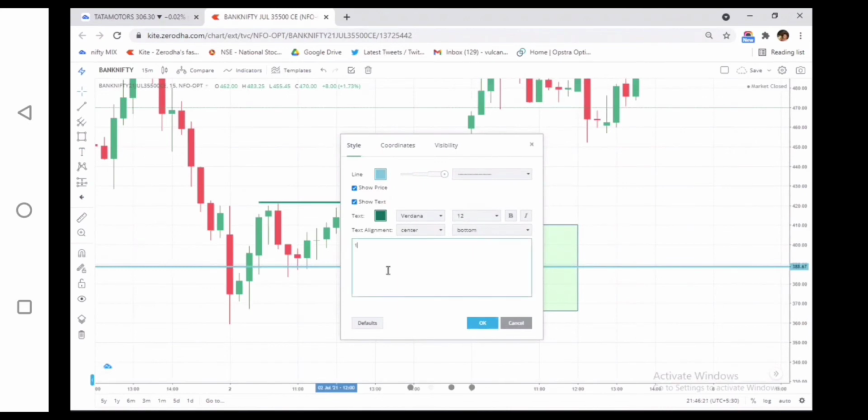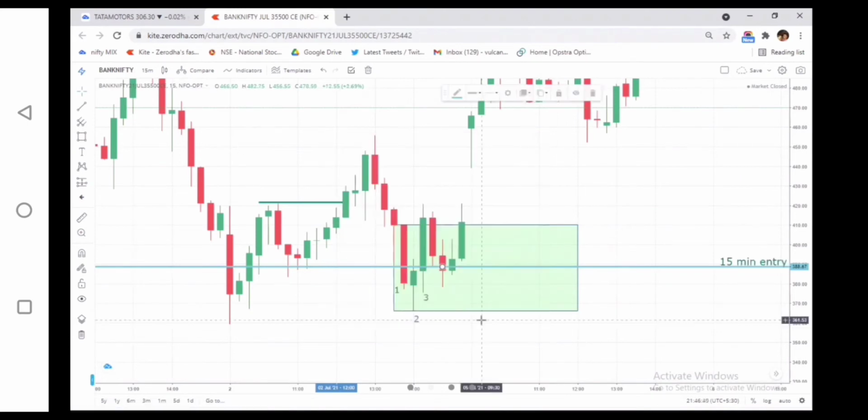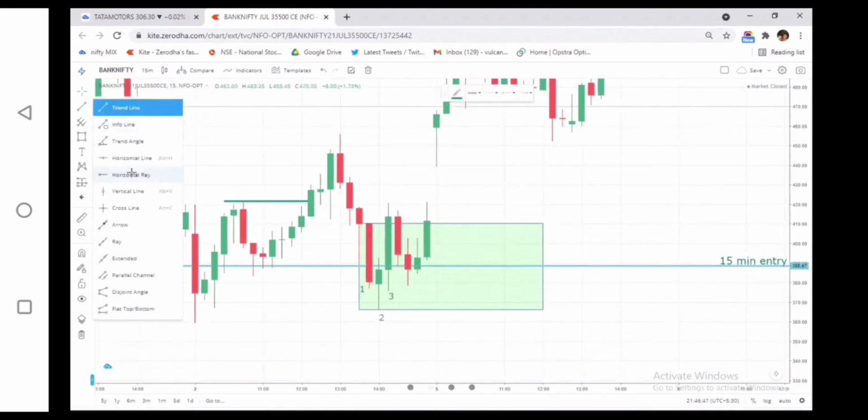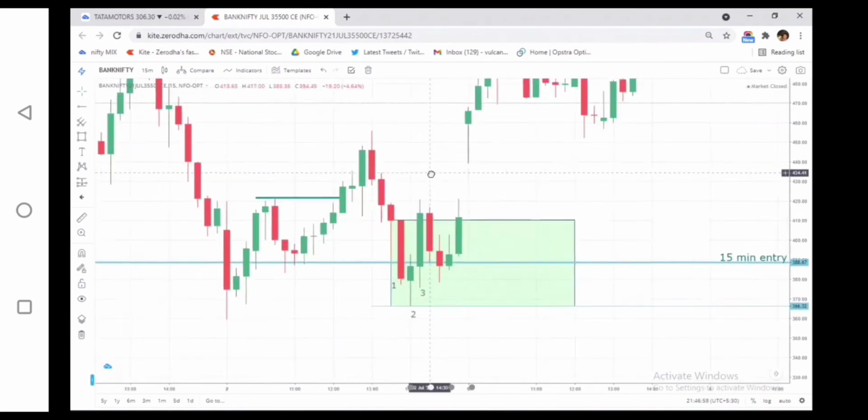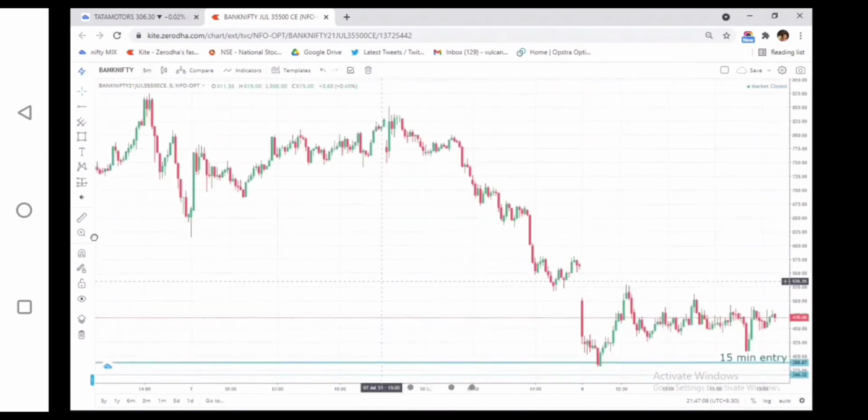So how can we lower this entry in lower time frames, so our stop loss will be lower? This is my 15-minute time frame, and this is my SL. Now move back to the 5-minute time frame.